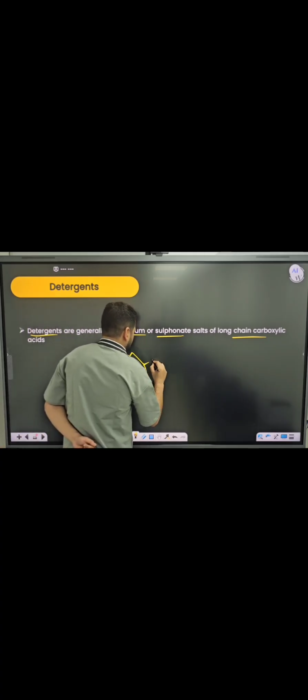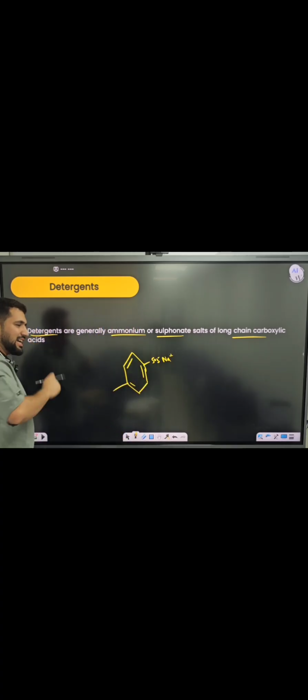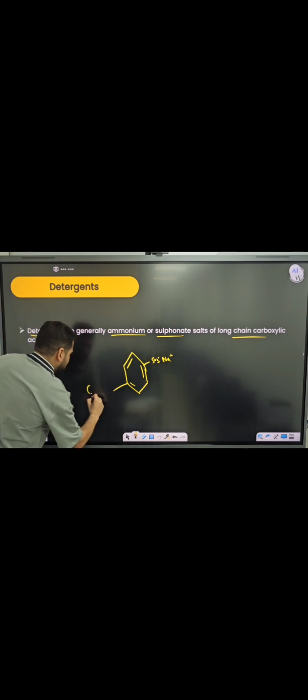And one part of the benzene ring is attached to, for example, a sulfonate group, which is SO3 negative Na positive, and one side is attached to a long chain of carbon, for example C12H25. This is one detergent, for example.